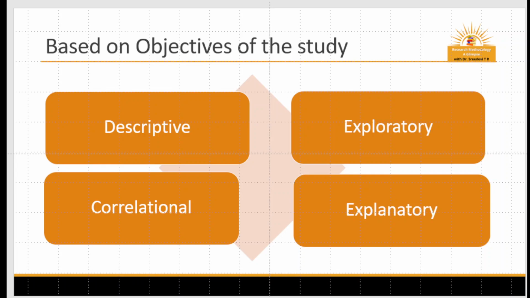The researcher has no control over the variables and can only report what has happened or is happening. An example, impact of COVID on health. Survey research, case study, and correlational research are all descriptive researches.